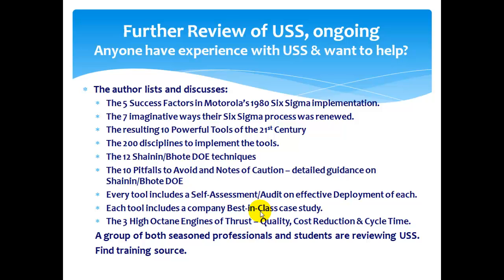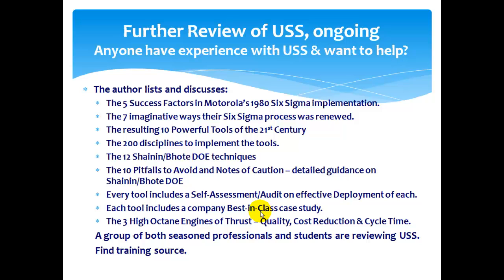The author lists and discusses the 5 success factors in Motorola's Six Sigma implementation. Lists the 7 imaginative ways their Six Sigma process was renewed to Ultimate Six Sigma. The resulting 10 powerful tools of the 21st century. The 200 disciplines needed to implement these tools. The 12 Shainin-style design of experiments techniques.